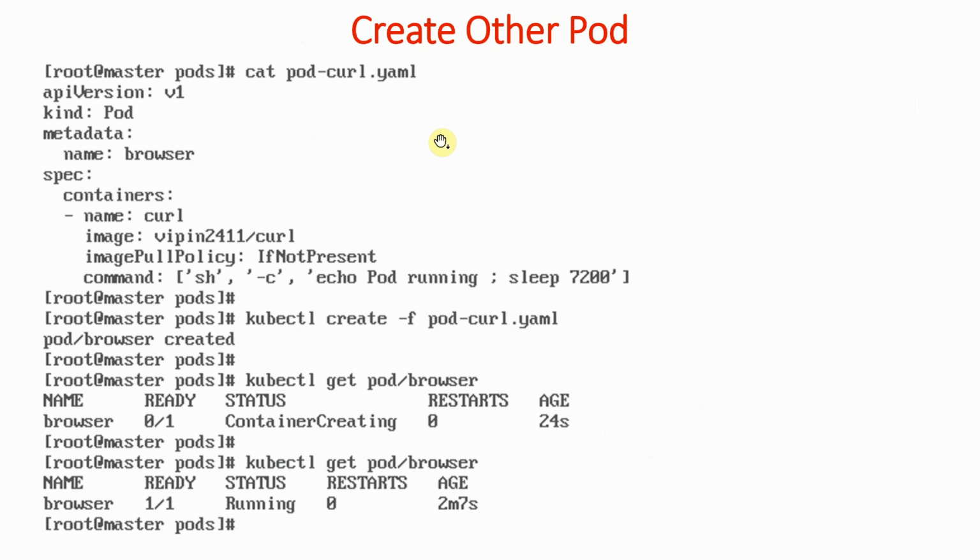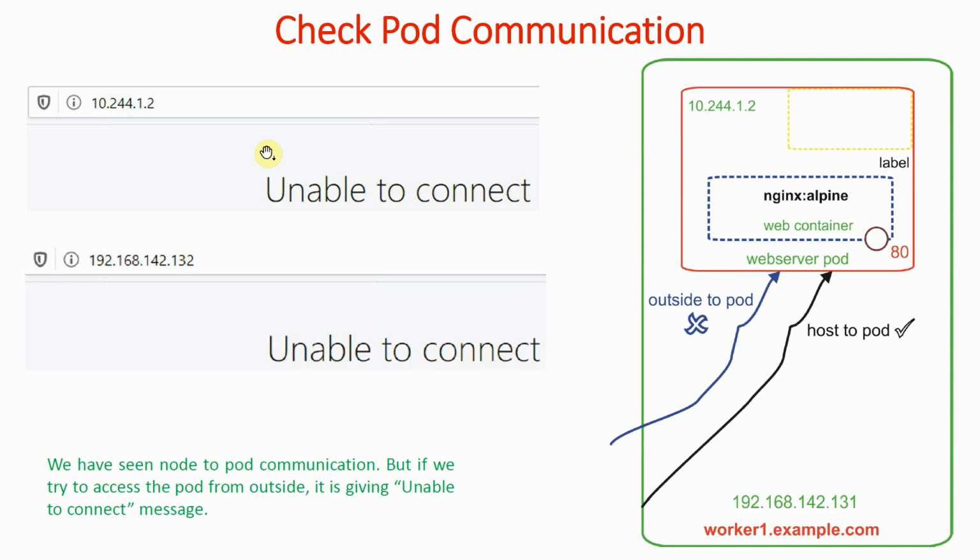So let us create another pod, but that we will be creating in other videos. So that was the understanding of the first pod that we created. So let us diagrammatically represent. This was the address given. We created the pod from this nginx alpine image, and web was the name of the container, and the pod's name was web server, and the port it exposed was 80.